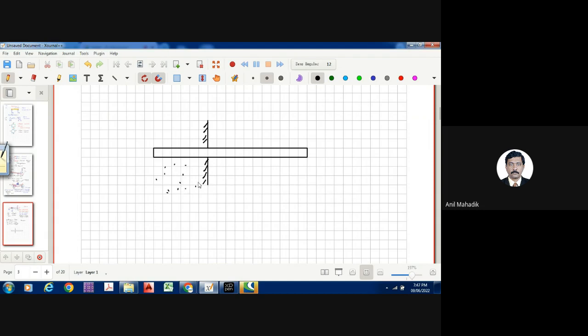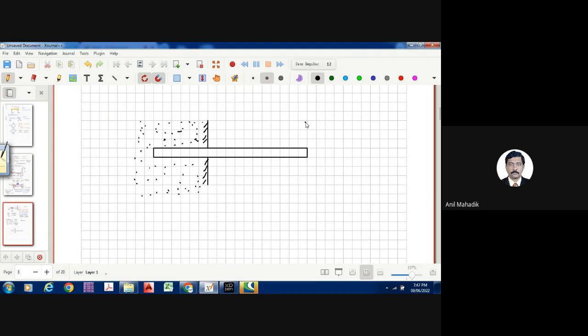You can say this is a steel beam. Assume the steel beam is embedded in the concrete. So this is a whole concrete portion. So it is embedded in the concrete, this steel beam or rod we can say.